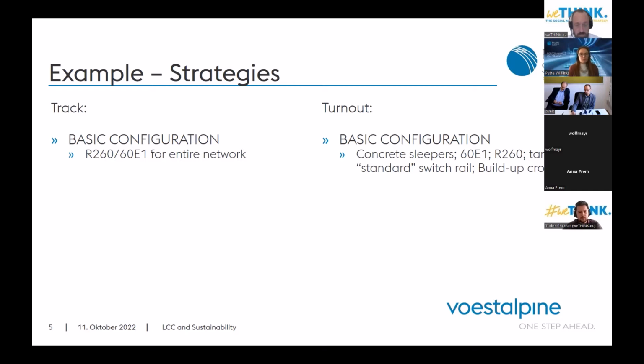For this example, we have chosen the basic configuration for the rail network. It means that we're using the R260 rail grade, and for the turnouts, we are using turnouts with concrete sleepers, standard switch rail, build-up crossing, and also with the R260 rail grade.